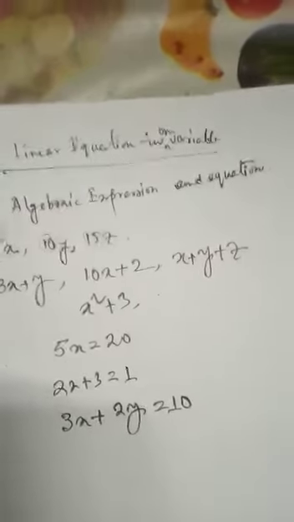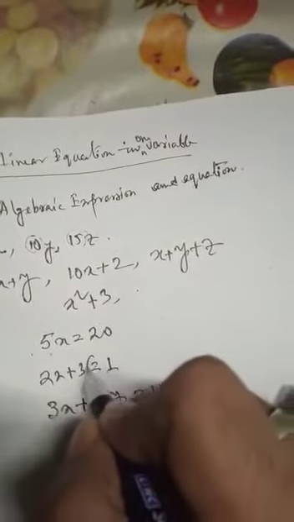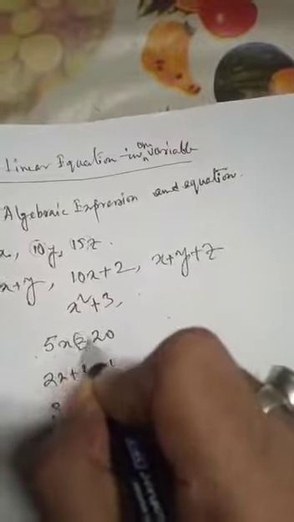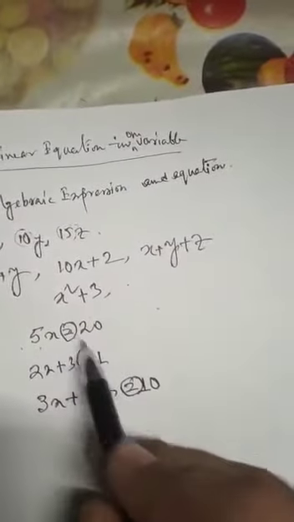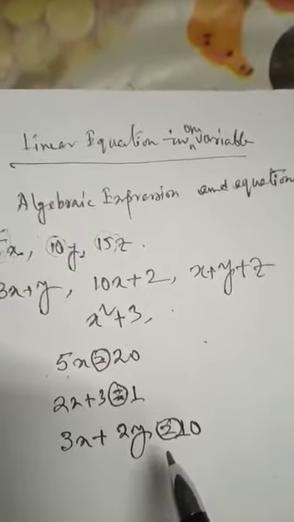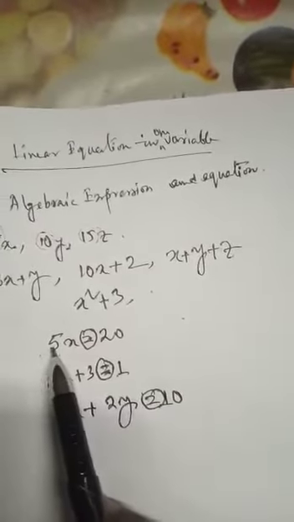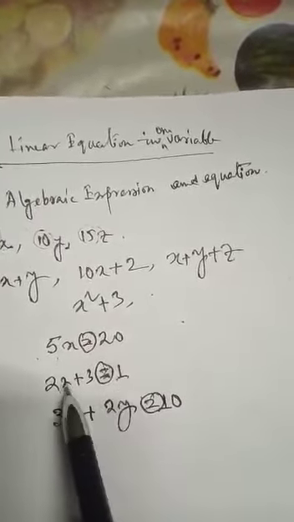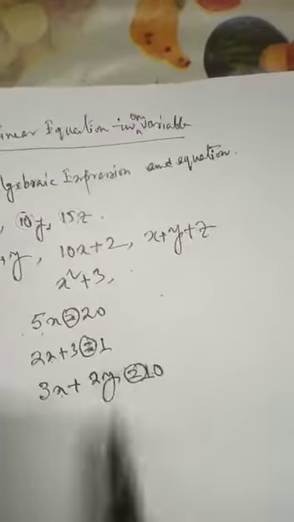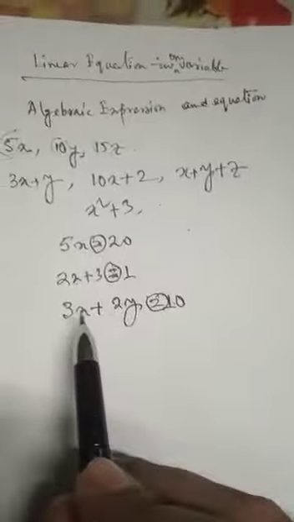These are called equations. Why do we say equations? Because we use the symbol of equality between the left hand side and right hand side. That is why we say it is an equation.